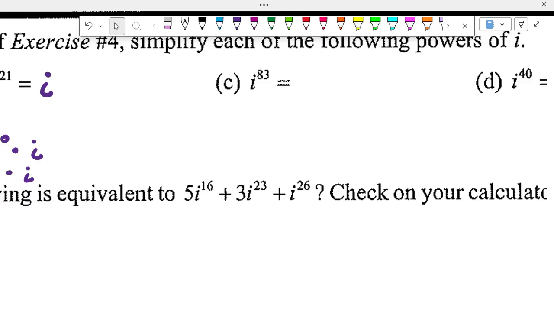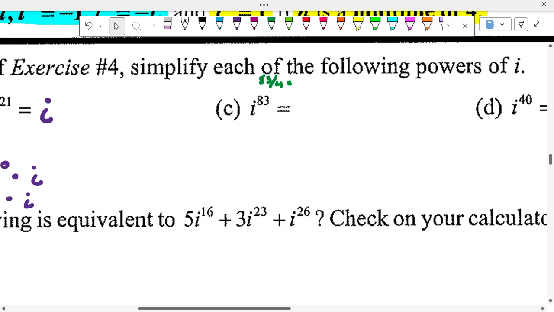All right, let's talk. So what I suggested is you divide 83 by 4 in your calculator. If you divide 83 by 4, what do you get? 20.75. So from there, you take the 20 and multiply by 4, and that is the multiple of 4 you're looking for.